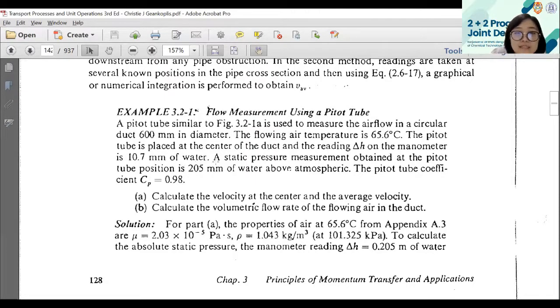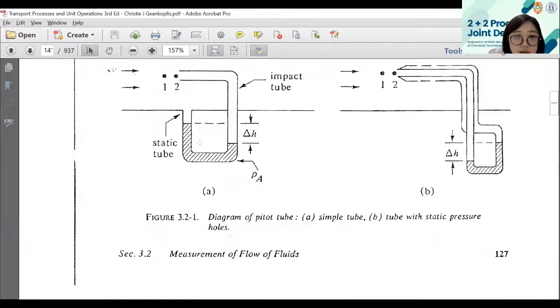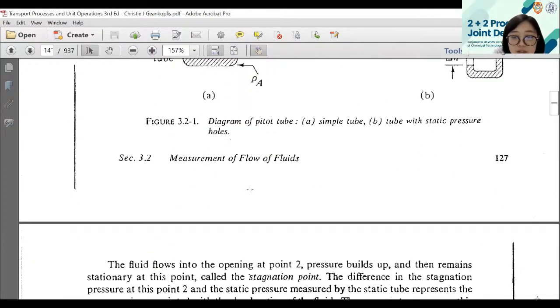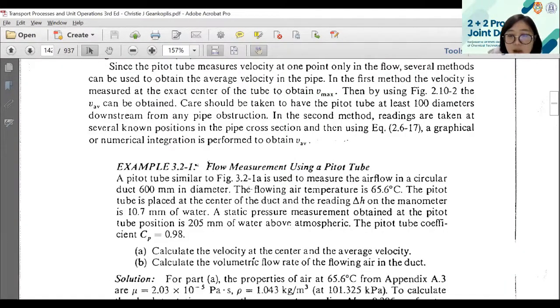A static pressure measurement, let me show you, here. So that static pressure measurement obtained at the pitot tube position is 205 millimeter above the atmospheric. So it has a pressure higher than the atmospheric because they said it's 205 mm of water above atmospheric.